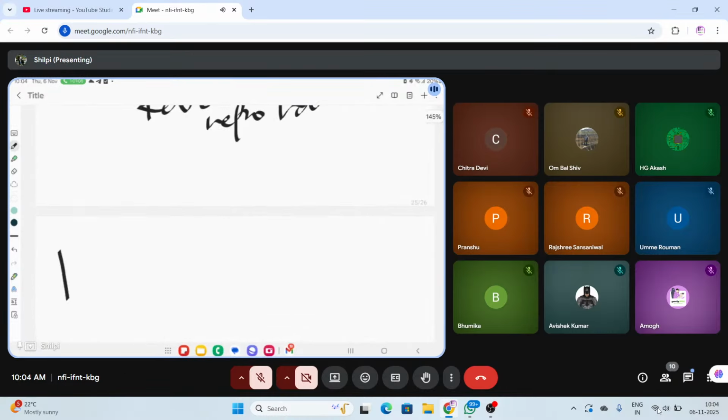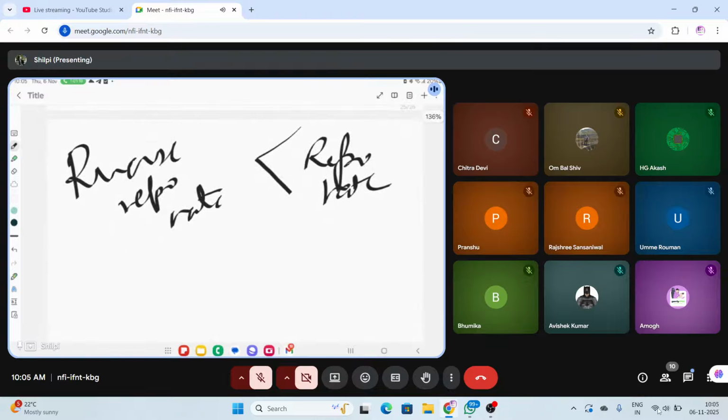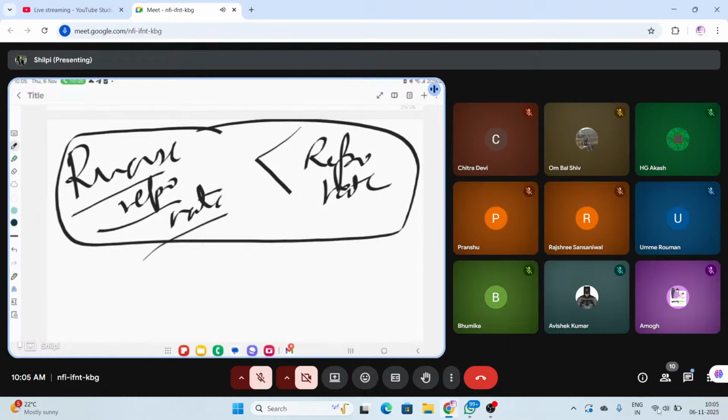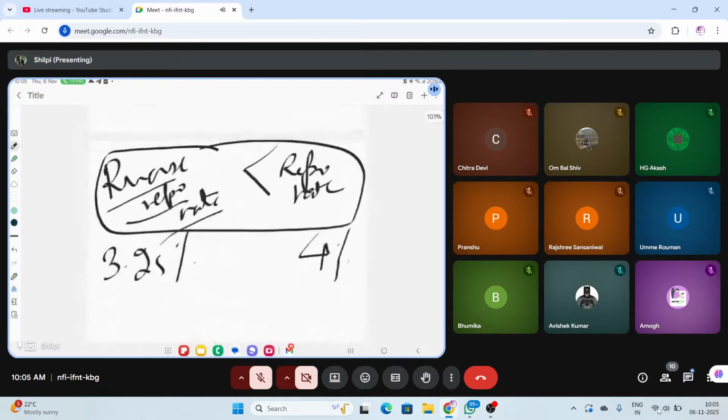One fact that you need to remember is reverse repo rate is generally lesser than the repo rate, always. अभी तक जितने भी साल हुए हैं कभी हमने देखा नहीं कि reverse repo rate was higher than the repo rate. As a general phenomenon always observed in the Indian economy, reverse repo rate is always lesser than the repo rate. For example, अगर repo rate हमारा 4% चल रहा है, तो reverse repo rate usually 3.25% होता है. So this is a normal general tendency of the reverse repo rate. ये reverse repo rate का I hope concept clear हो गया.